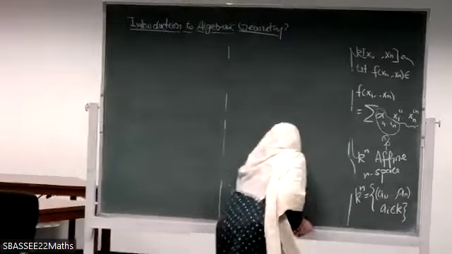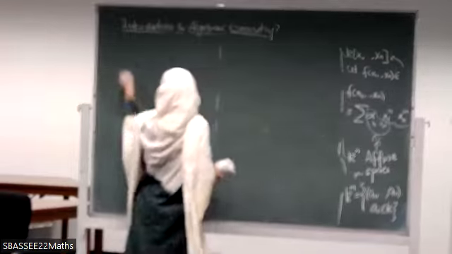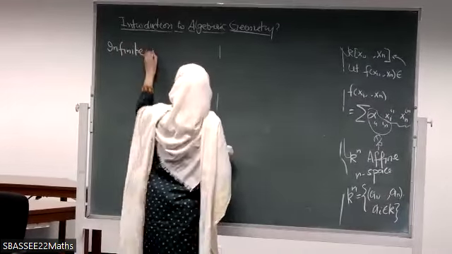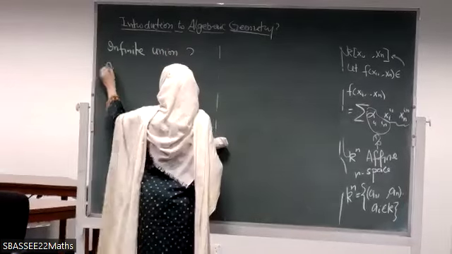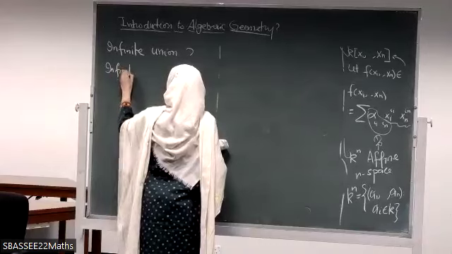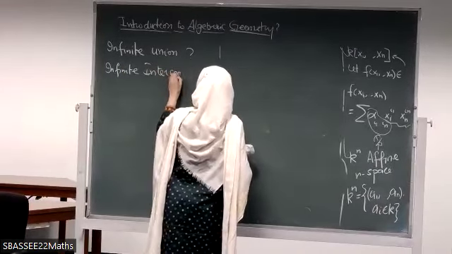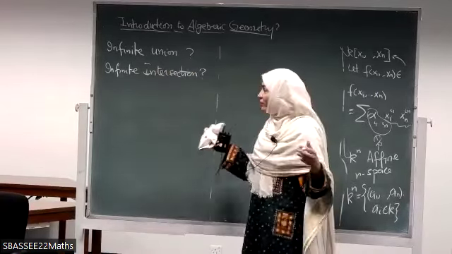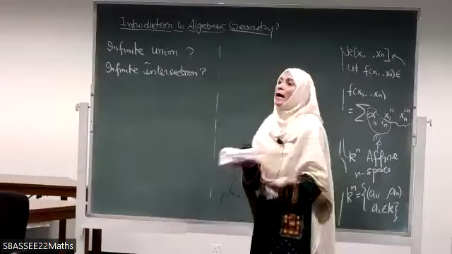Okay, now I'm extending my question to infinite union and infinite intersection. Which means that I'm taking infinitely many varieties and then taking their union and intersection.